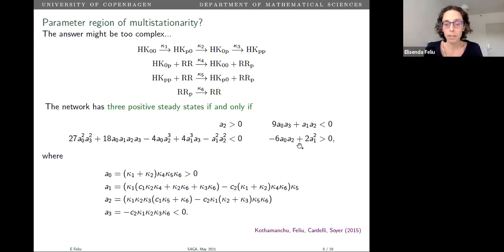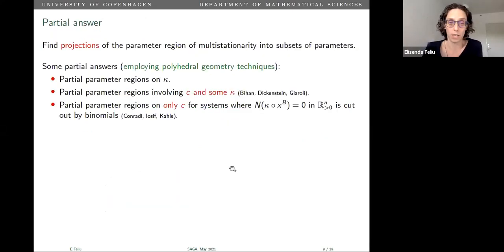Okay, one can be happy, one has an answer, but one doesn't know what to do with the answer. There is no clear biological interpretation of these relations. It's not clear how to study the region, how to determine the properties it has. And that's the common problem here, that even when we can find the region, we cannot use it that much to study it.